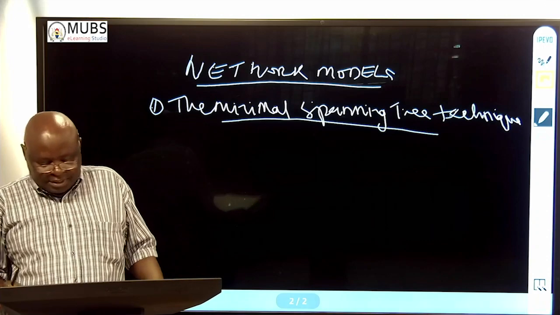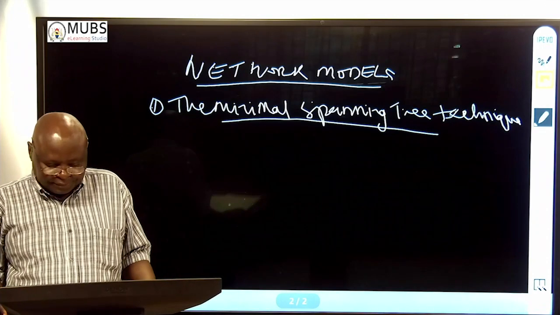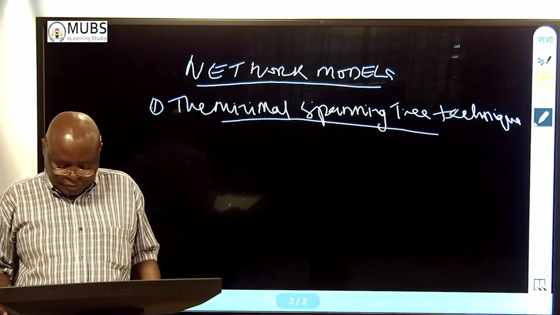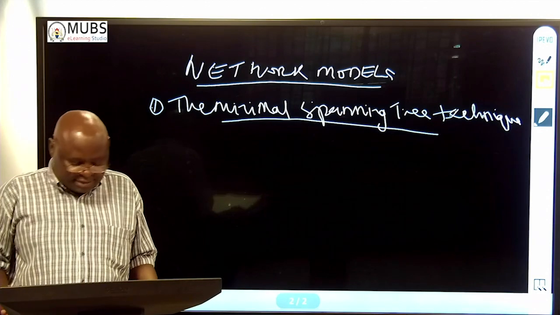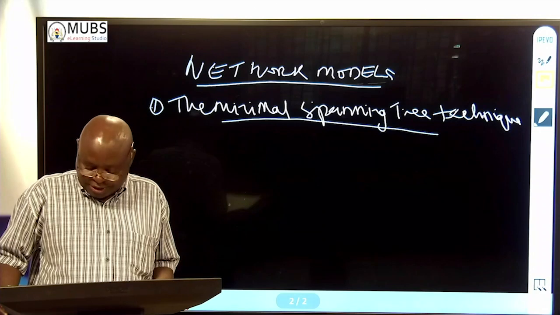This determines the path through the network that connects all the points while minimizing the total distance or length of material being used.